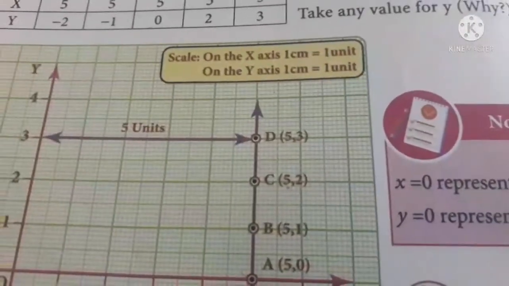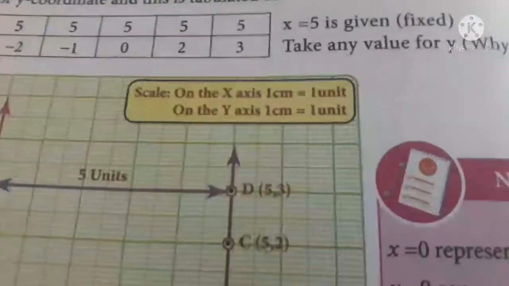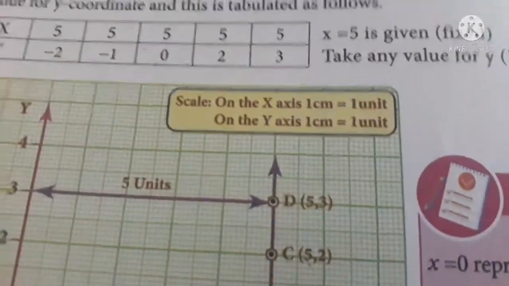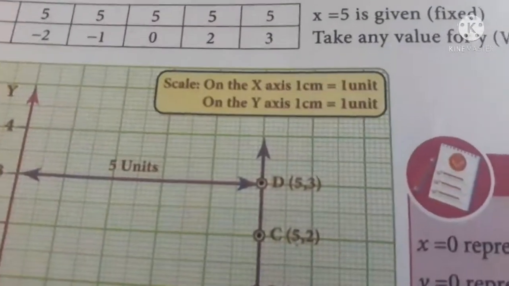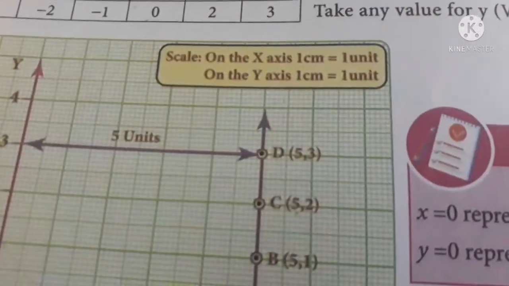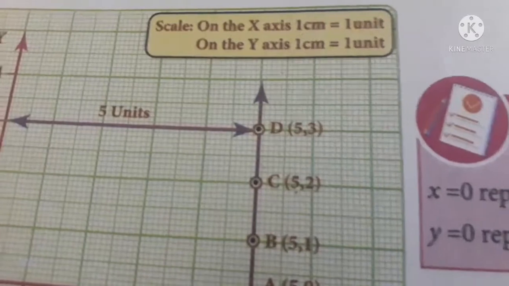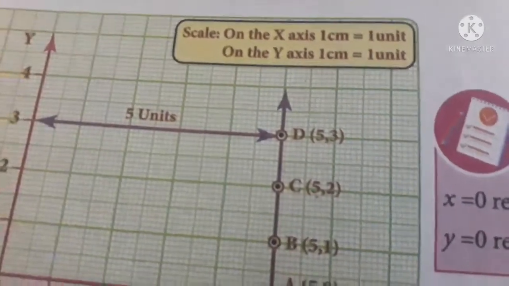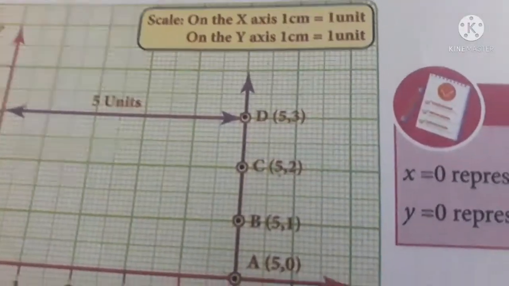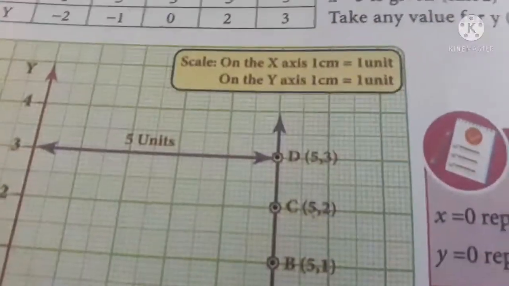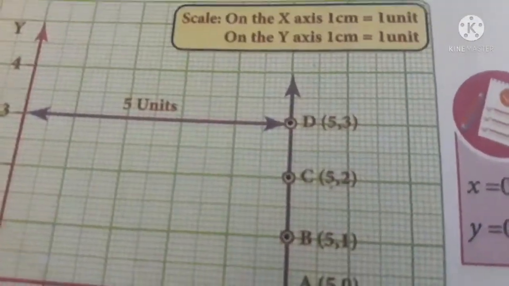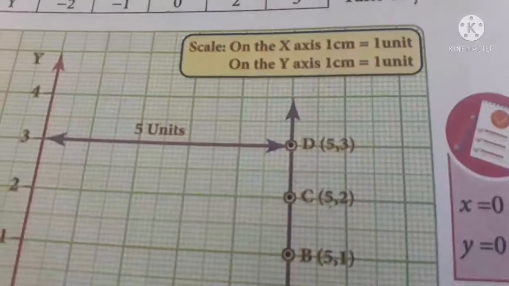But it should be applicable to the numbers given in the question. That is more important. You can take 1 centimeter equal to 2, 3, 4, 5, then any number you can take. Only thing is it should be applicable with the numbers given in the question.